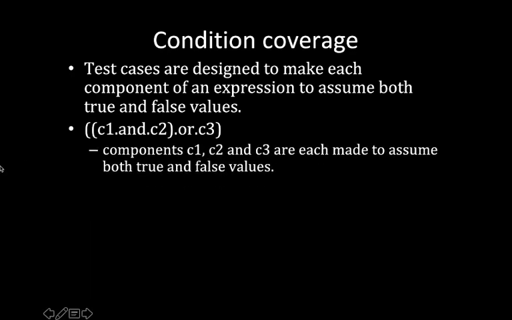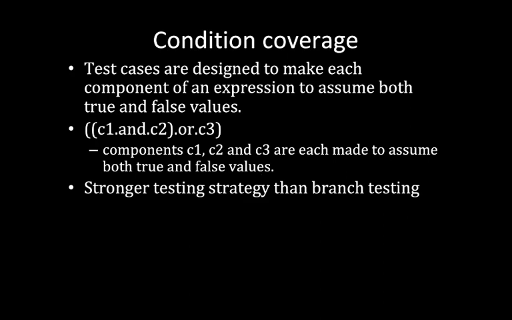Here there are 3 components, C1, C2 and C3, each made to assume both true and false values. So we have to take all the 3 values, and there will be multiple condition coverage. In the previous case, we would simply give C1 as true, C2 as false and C3 as true, and then that branch will be covered.